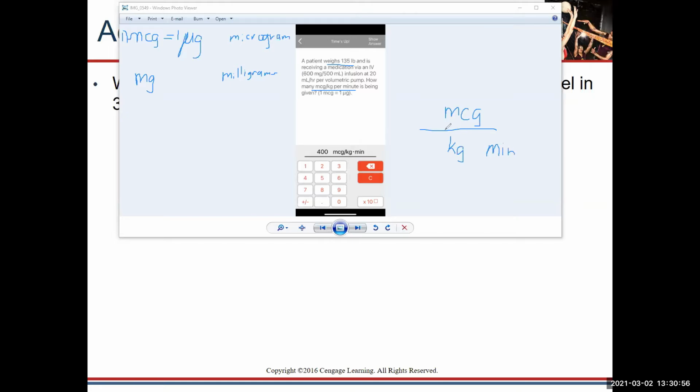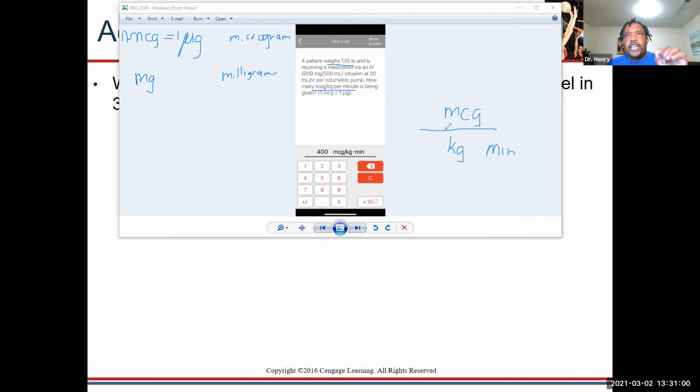Kilograms is a heavier weight. Micrograms is a very, very small weight. So that tells me immediately that when we're talking about the microgram, we're talking about the drug, and when we're talking about the kilograms, we're talking about the person. Sometimes you have to use a little common sense, because you're not going to give a person a body weight of drugs.